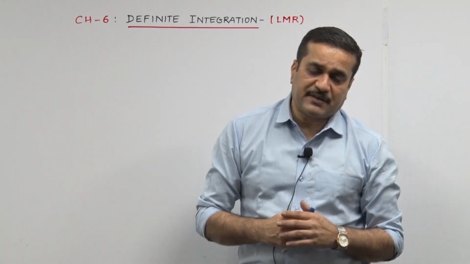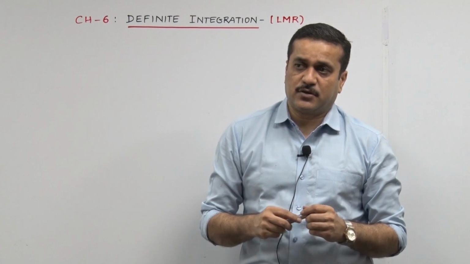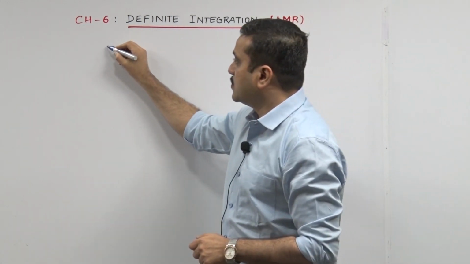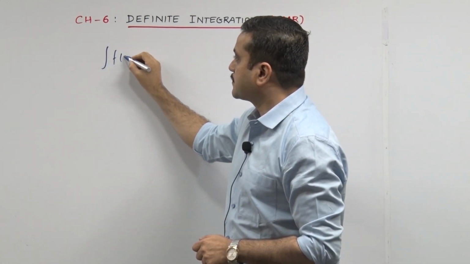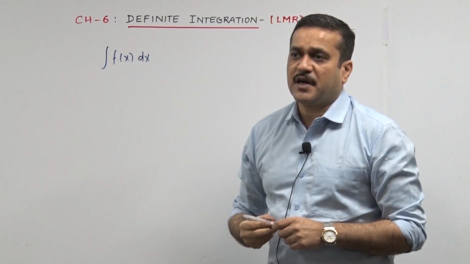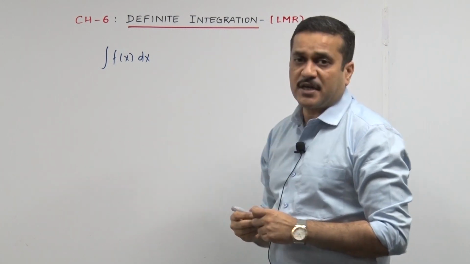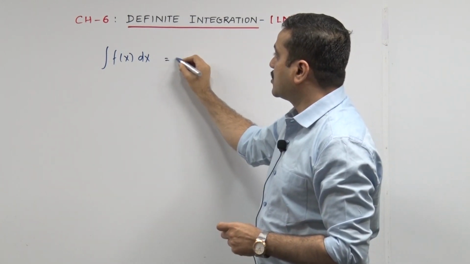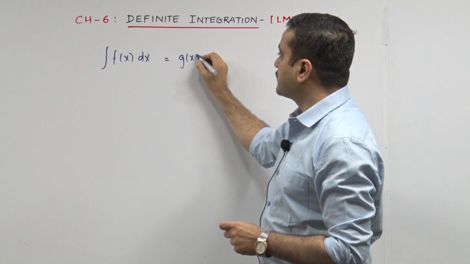But what is a definite integral? First of all, let's check into that. Let us say you integrate f of x, and with all the knowledge of your chapter 5, you integrated your f of x and you got the answer g of x plus c.